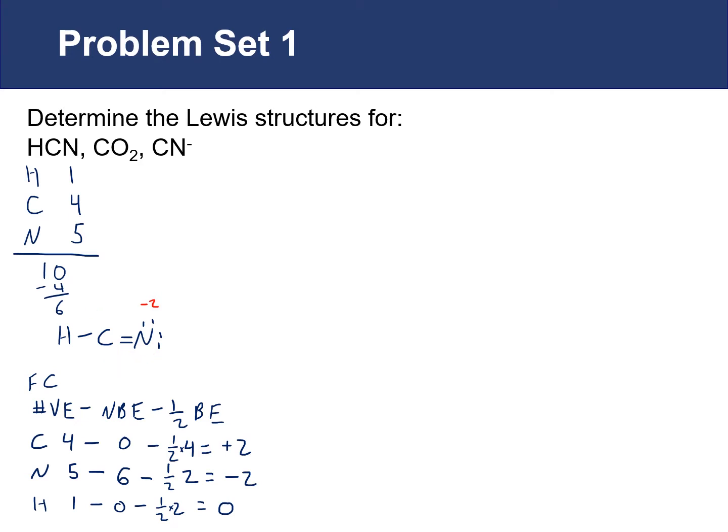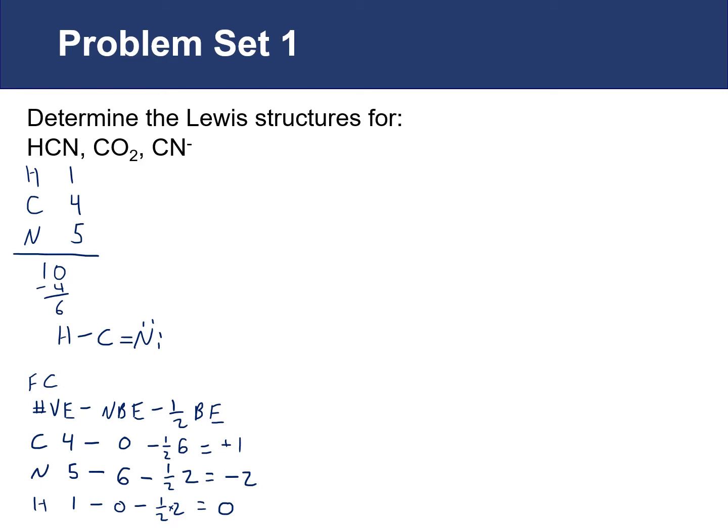We will need to recalculate our formal charge. So for our carbon, we have essentially not changed the number of non-bonding electrons, but we have changed the number of bonding electrons. We now have 1 single bond and 1 double bond, so there are now a total of 6 bonding electrons. 4 minus 0 minus 1/2 of 6, which is 3, gives us a +1 charge.